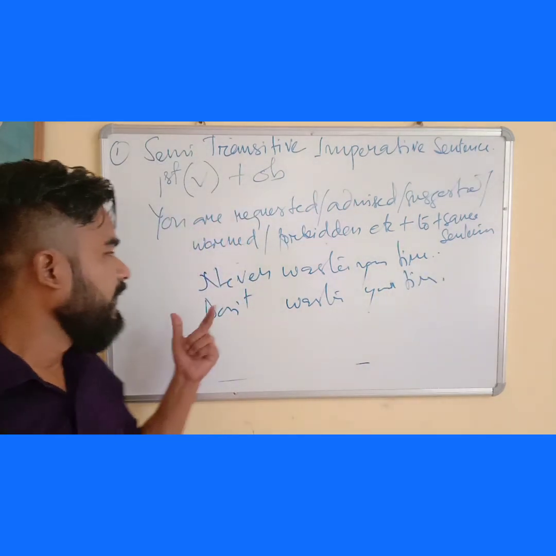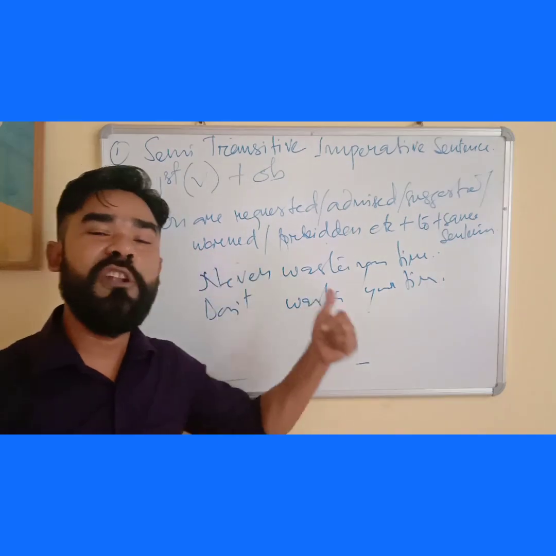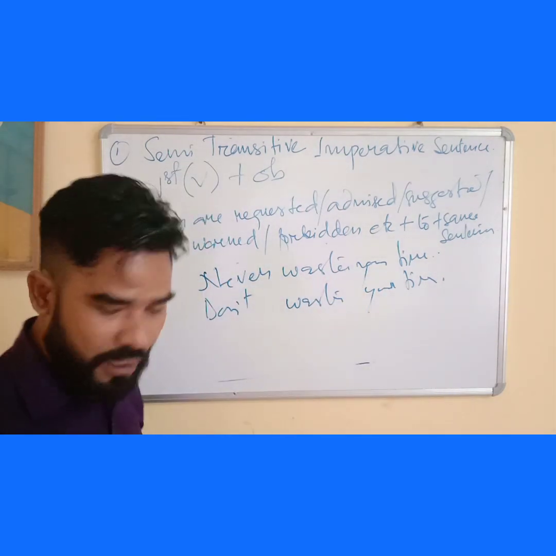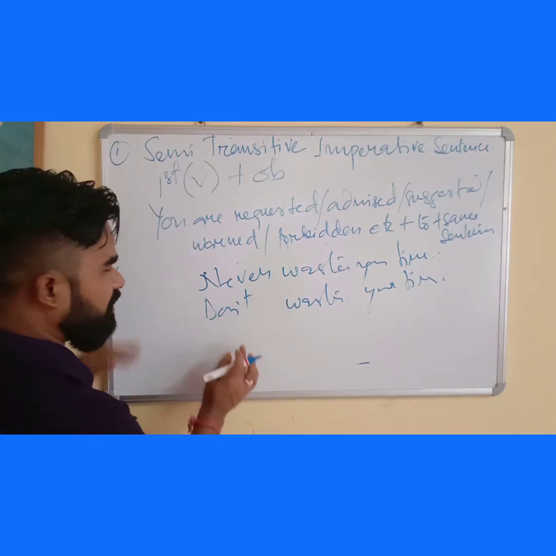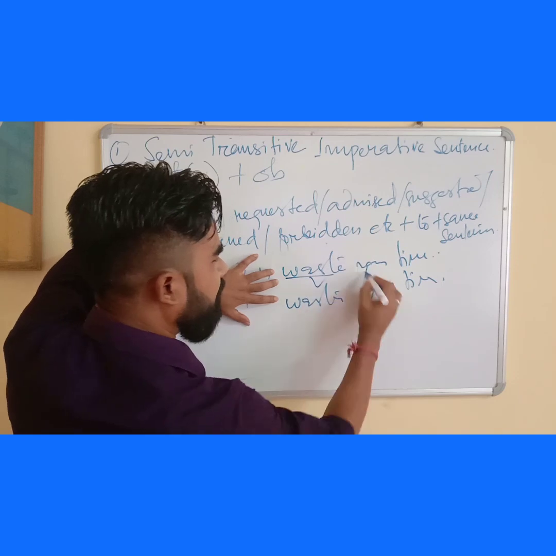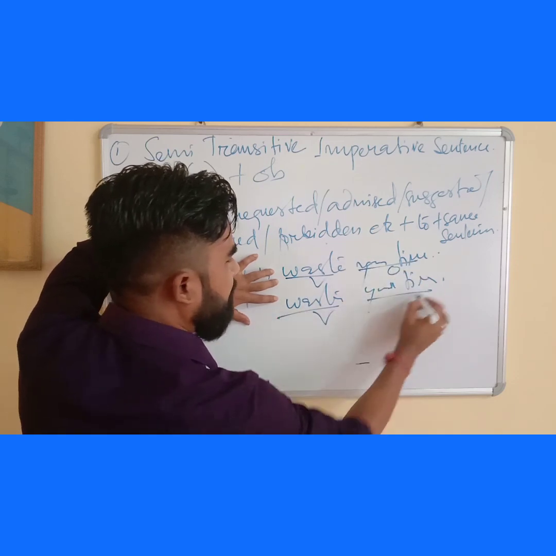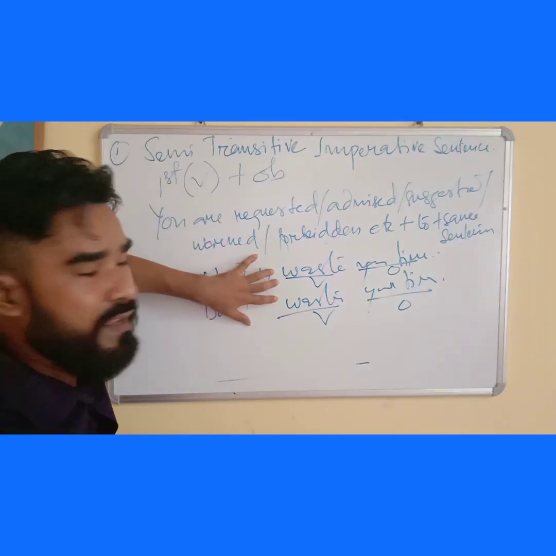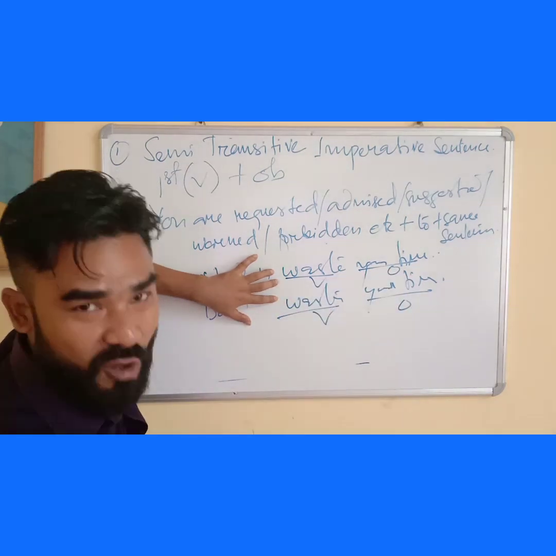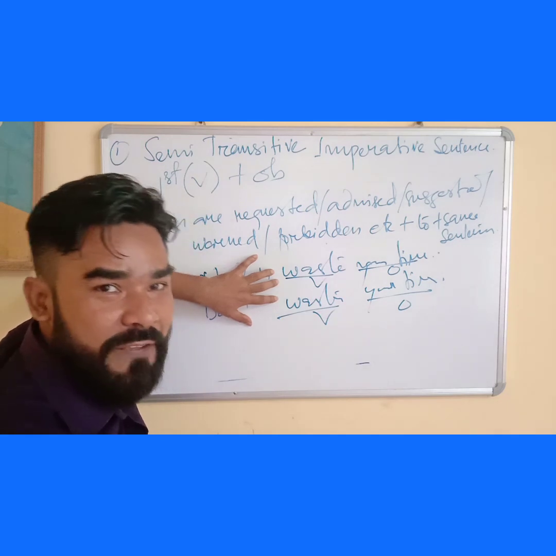In these cases, "never" will not change its place; it will remain the same if you go for the transitive. When you get this "never" and "don't", remove it as if it is not written. Now see, "waste" is the verb, "your time" is the object. Imagine if it is not written: "waste your time." So the verb has an object, which means it is a transitive imperative sentence.